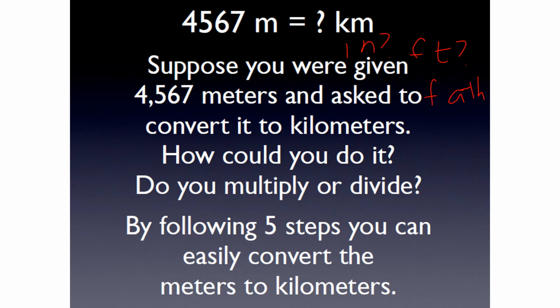So even though I know this problem is very simple, you just move the decimal place to the left 3 times, we're going to go through this example using the 5 steps of any dimensional analysis problem, which become more complicated when you go between the metric and the English and the English and the metric, or between English and English units.